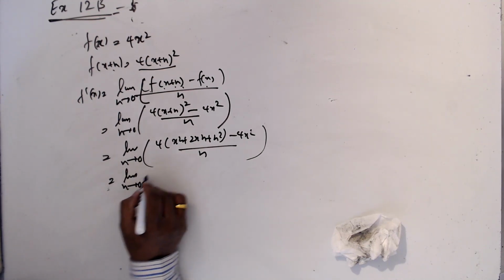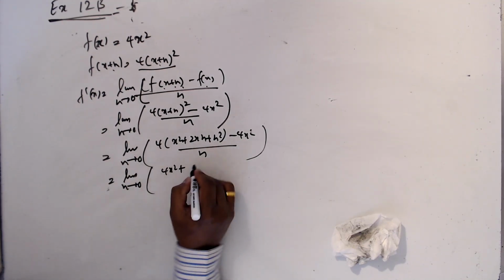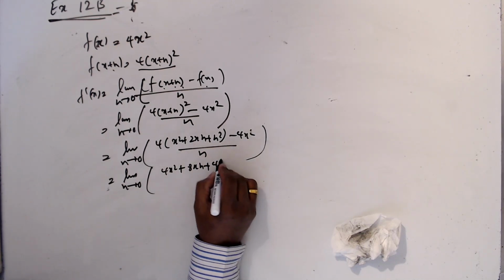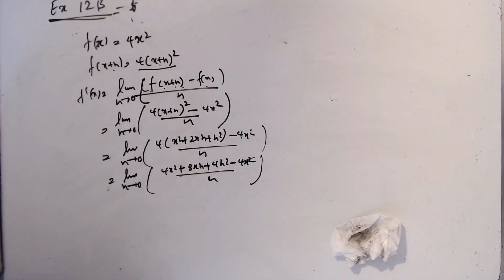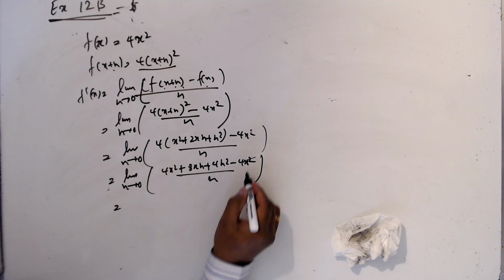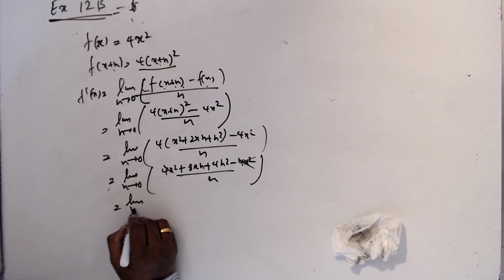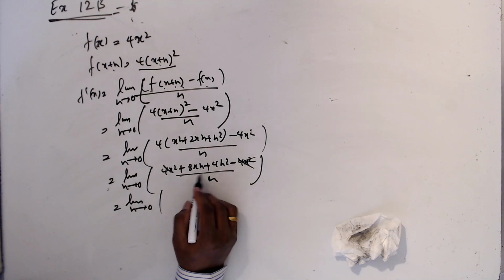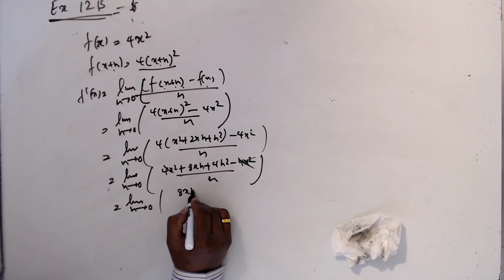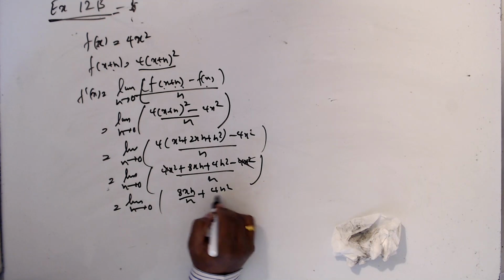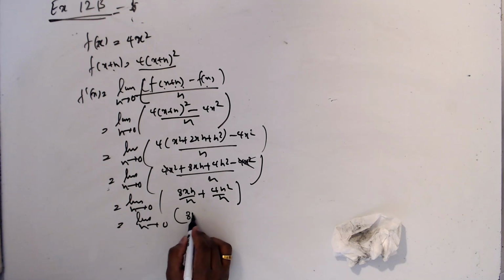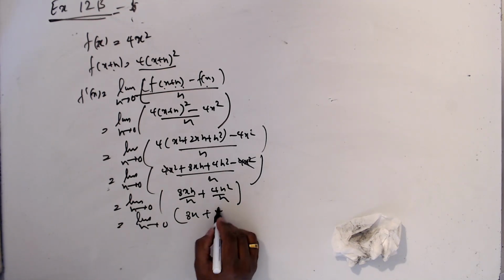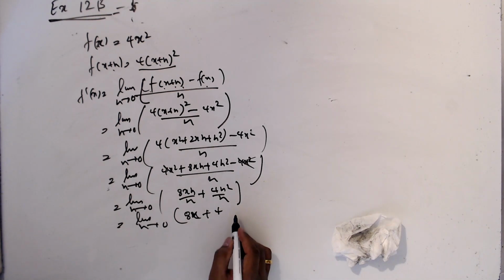The limit of 4x square plus 8xh plus 4h square minus 4x square. So this cancels out. The limit as h goes to 0 of 8xh over h, 4h square over h, so this is 8x plus 4h.